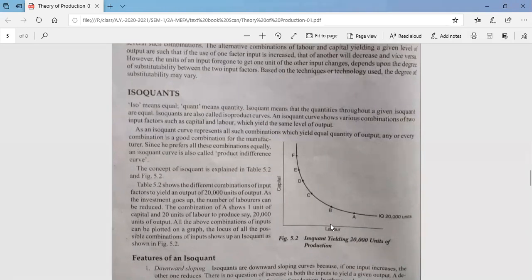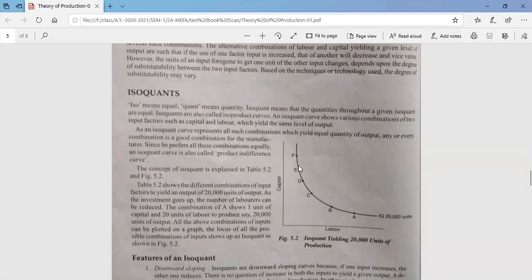If you see point B, there is a decrease in the labor. Automatically there is an increase in the capital. You can see C here. There is a further decrease in the labor, so the capital has been increased.